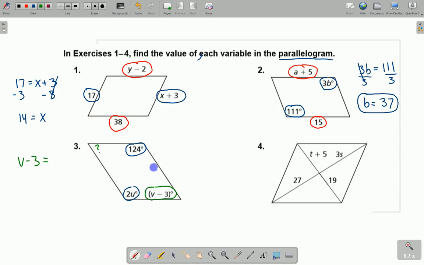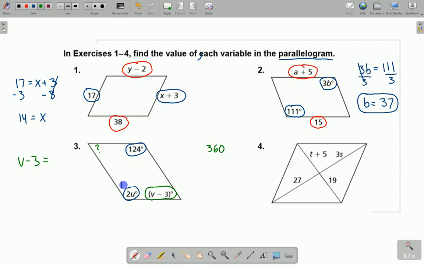Well, we know in a quadrilateral, this has 4 sides, all the angles have to add up to be 360. Okay? We learned that last time. So, we're going to use that fact. Well, we know this angle here is 124.